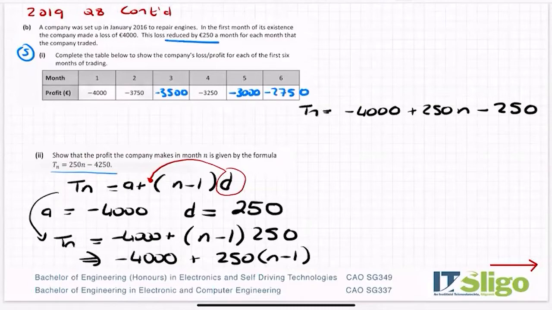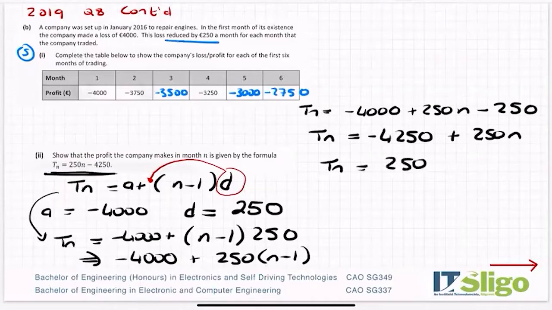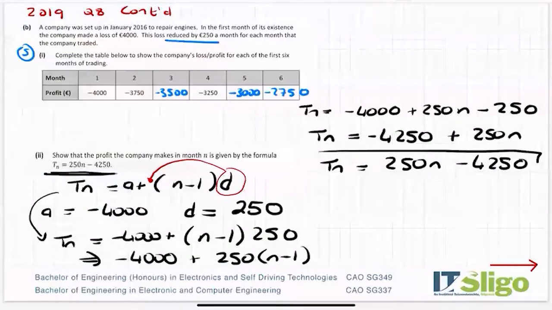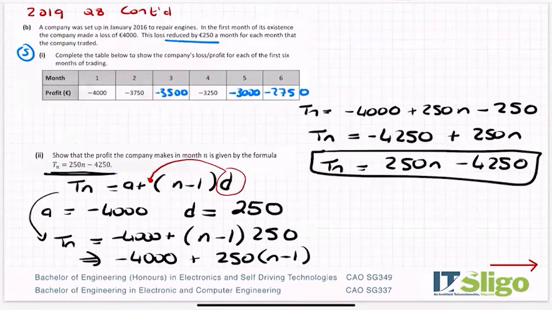Tidy that up and I get minus 4,000 minus 250 is minus 4250, plus the 250n. Looking back at what they asked me to show that it's given by, they just have them written the other way: 250n minus 4250. And that's the very easy way of coming up with the Tn formula.